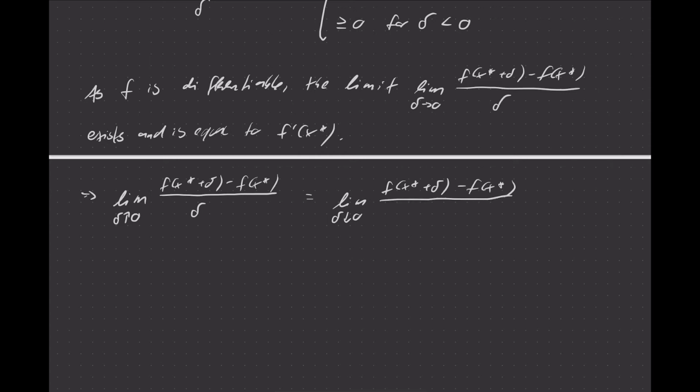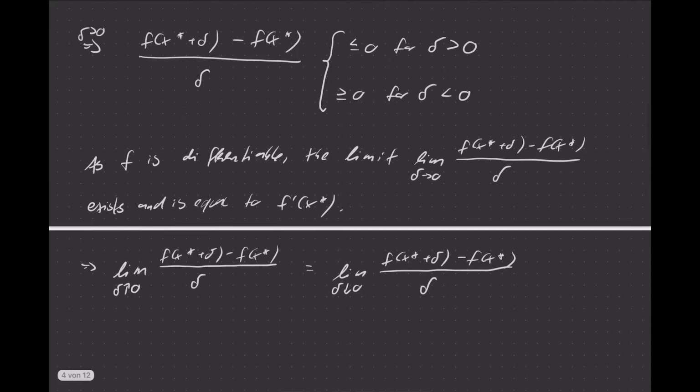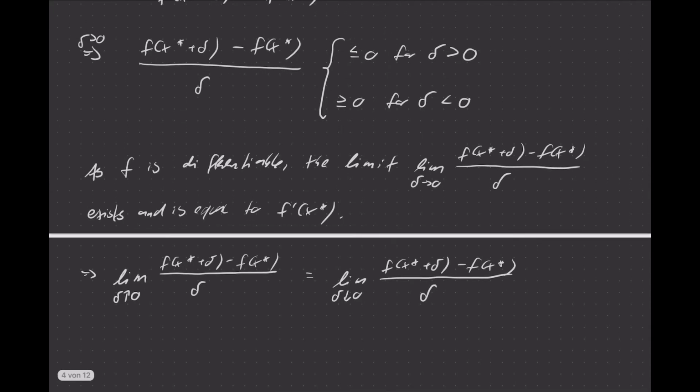Those do exist and they also agree. And again, we know that this expression here for positive delta is less or equal to 0. Positive delta is this case here, so delta approaches 0 from above. That means this expression is less or equal to 0. And in this case, delta approaches 0 from below. We know that this expression is greater or equal to 0.